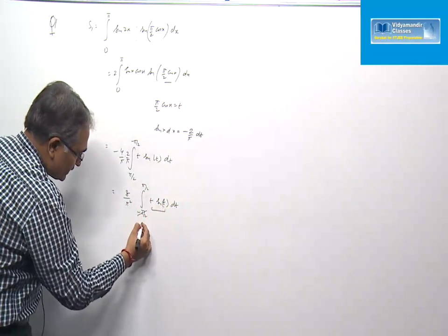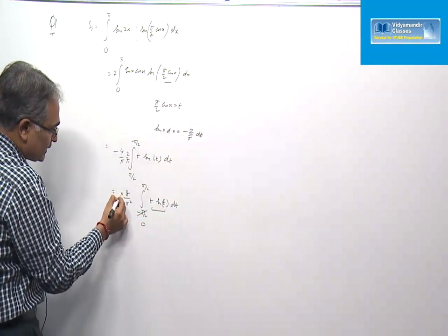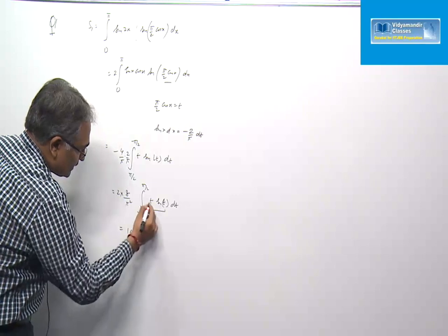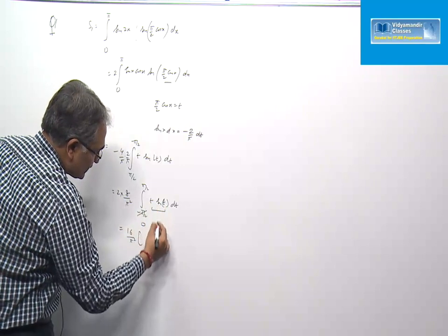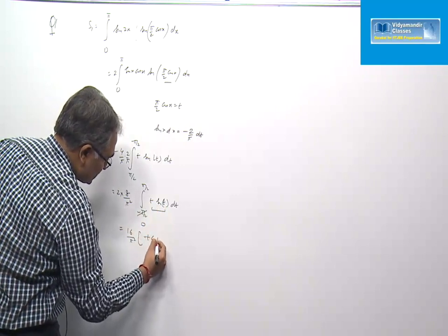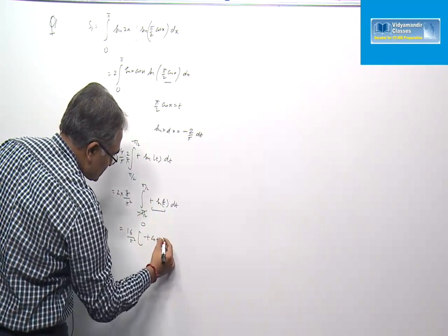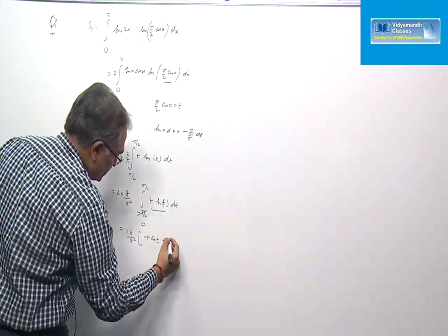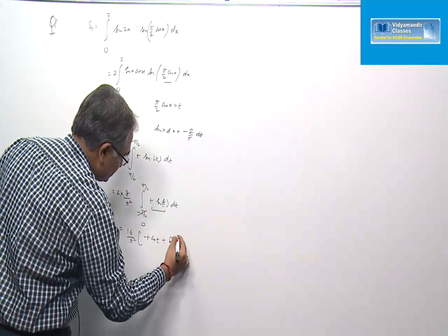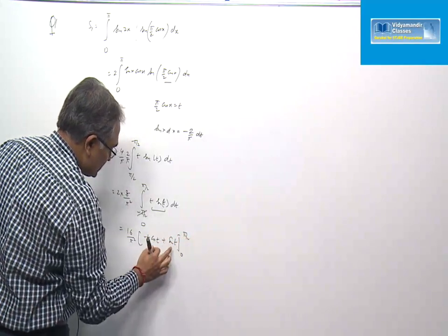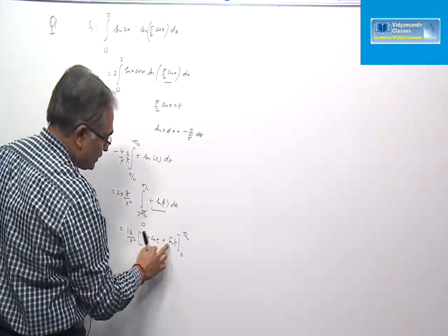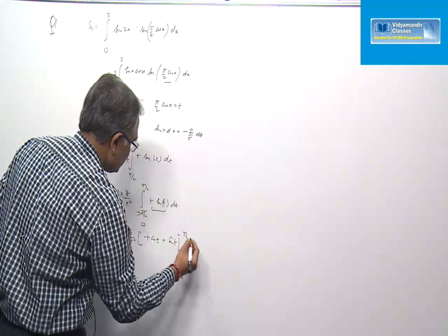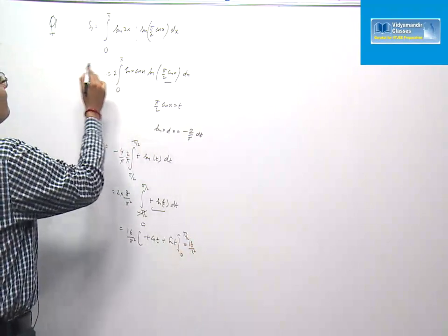Hence you can take this from 0 to pi by 2 twice, 16 upon pi square, and integrating by parts you get t minus cos t plus sin t from 0 to pi by 2, that is at 0 and pi by 2 both are 0, pi by 2 is 1, 16 by pi square. True. Statement 1 is true.